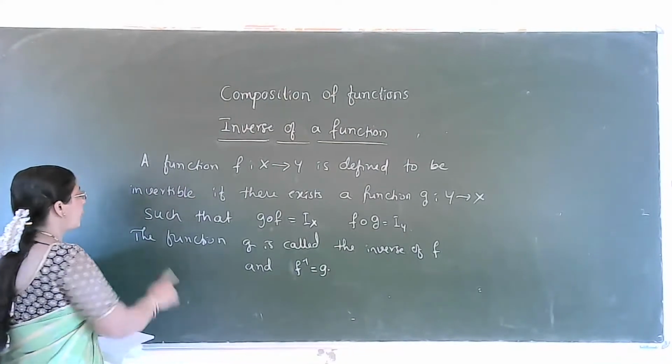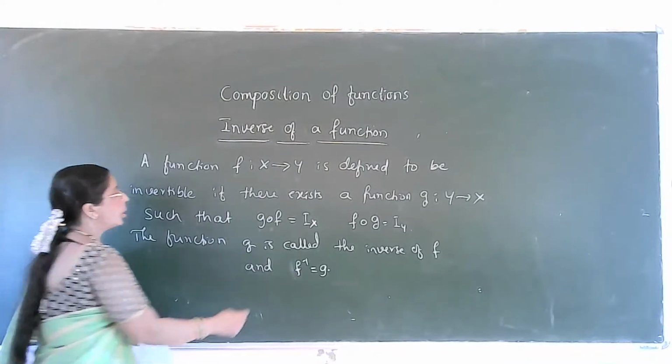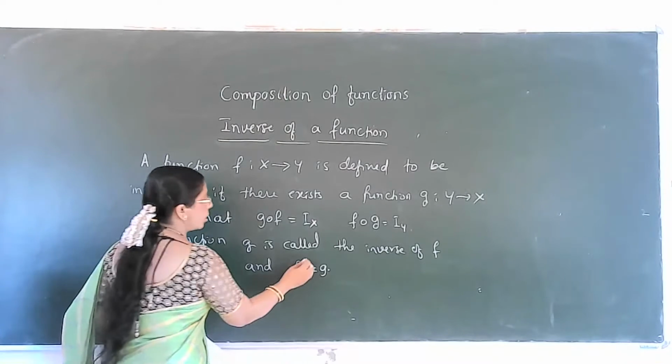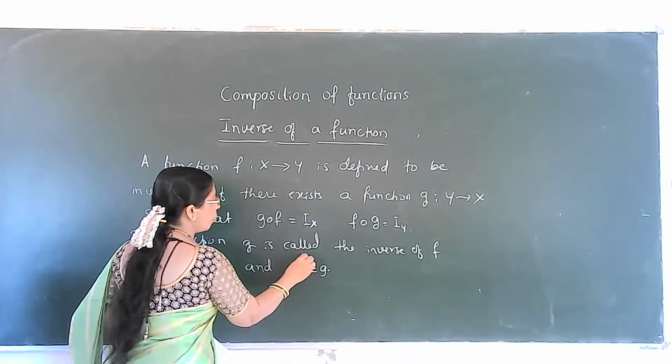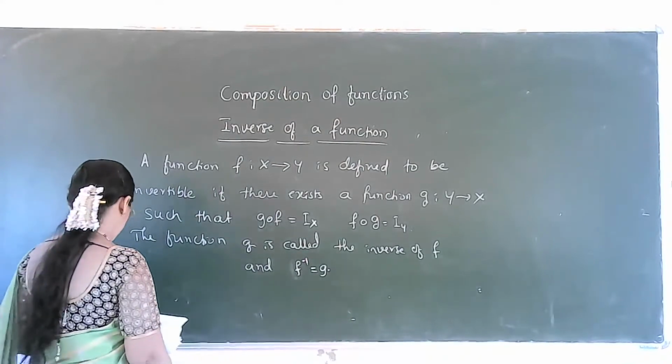F inverse is equal to g, the function g is called the inverse of f. Inverse, we can write it as f inverse is equal to g, or f to the power minus 1. F inverse is equal to g.